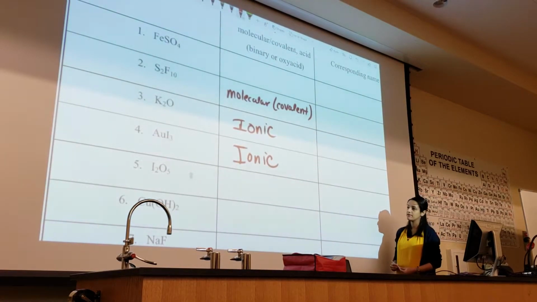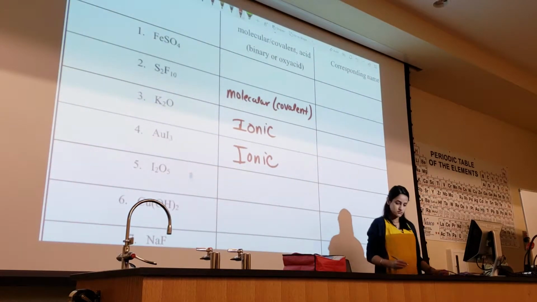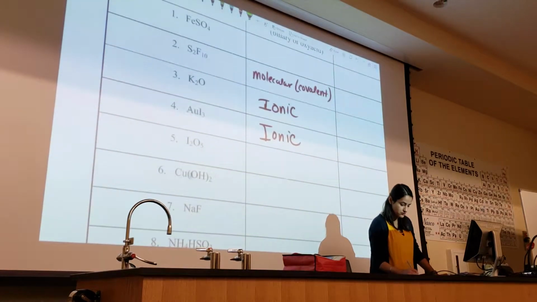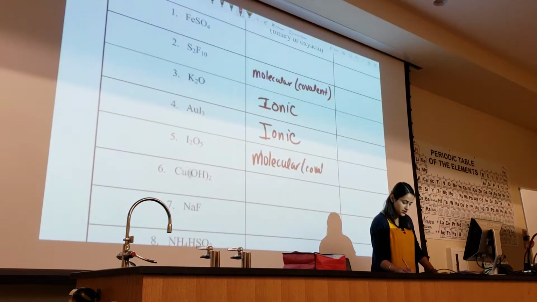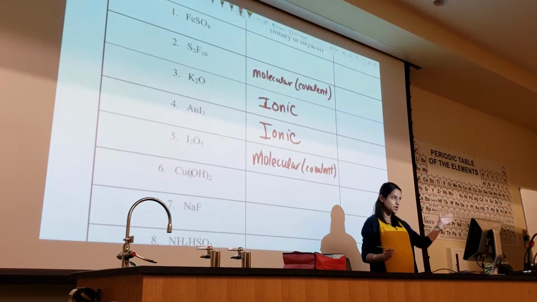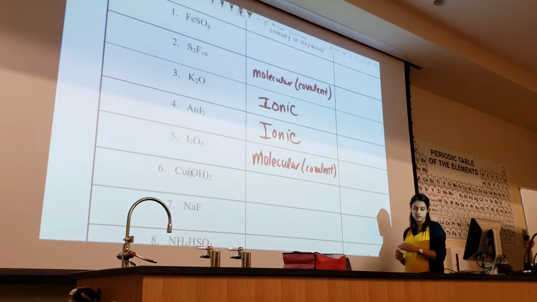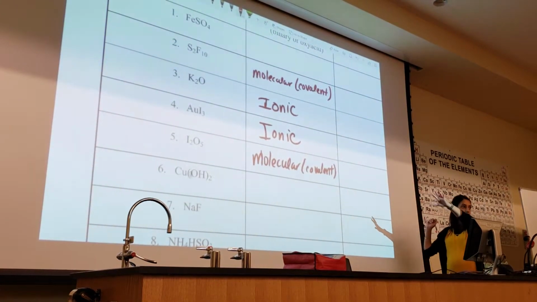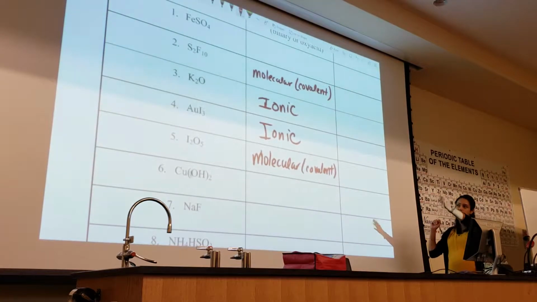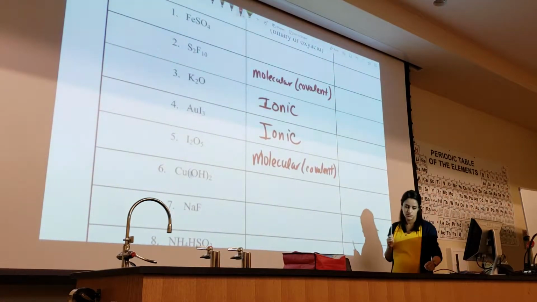What about number 5? Molecular or covalent? Yep. This is going to be molecular, covalent, because iodine is a non-metal, oxygen is a non-metal. So you're just looking at the periodic table, classifying them, and then figuring out what two categories they fall under.